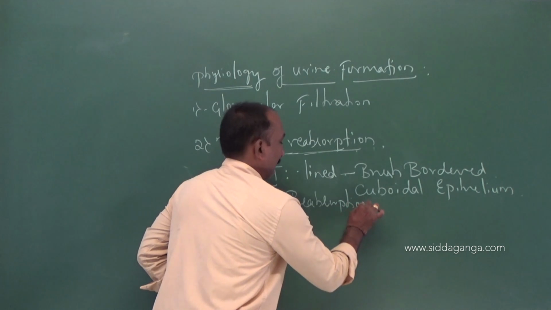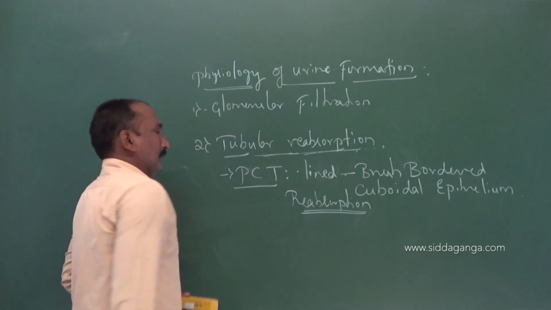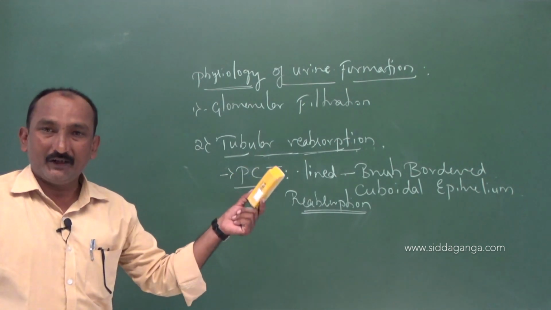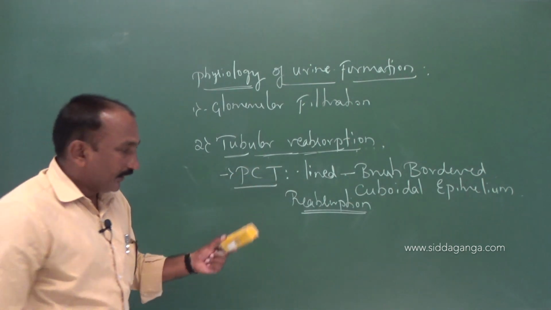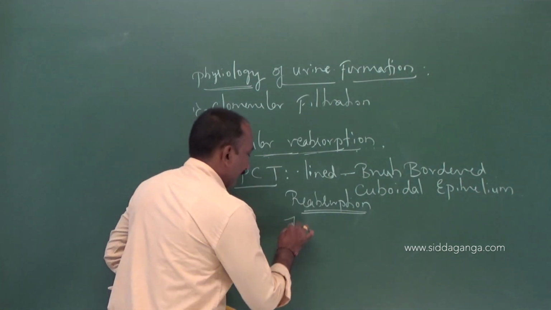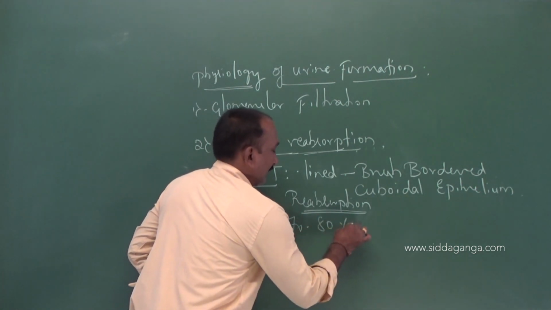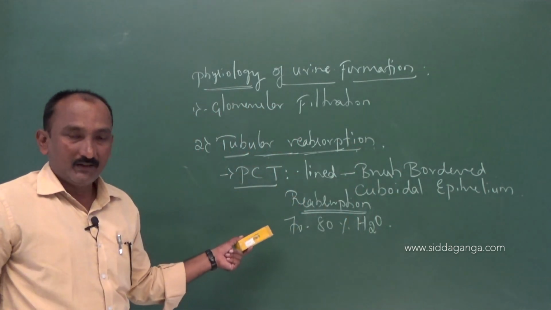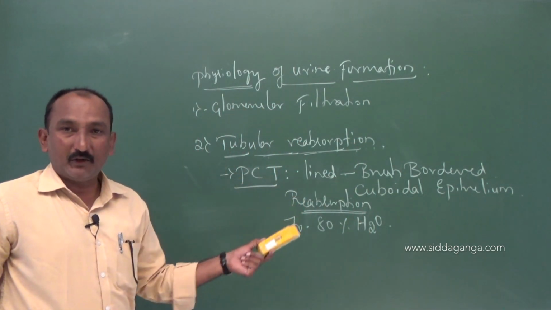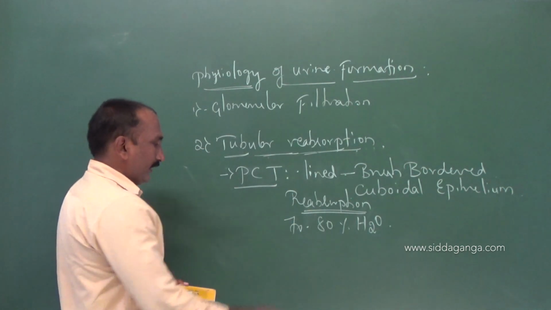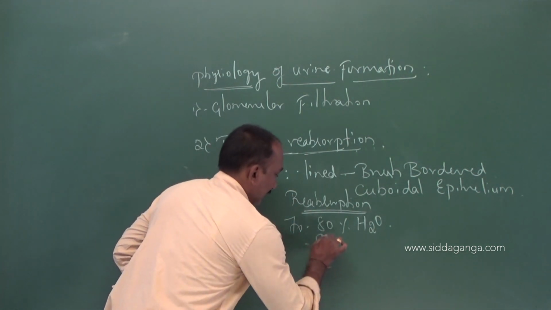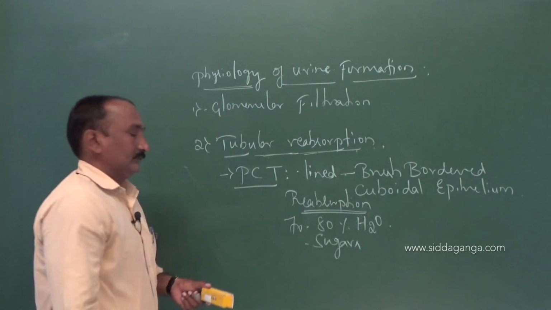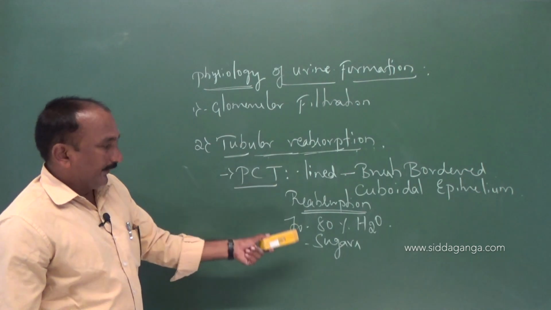of essential molecules. So, what are the molecules that will be reabsorbed with the help of the proximal convoluted tubule? About 70 to 80% of the water will be reabsorbed with the help of the proximal convoluted tubule. Similarly, some of the sugars are also reabsorbed.